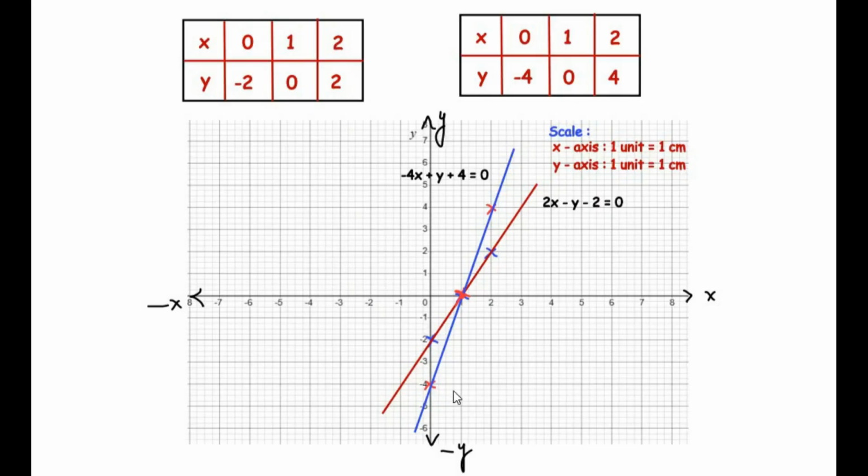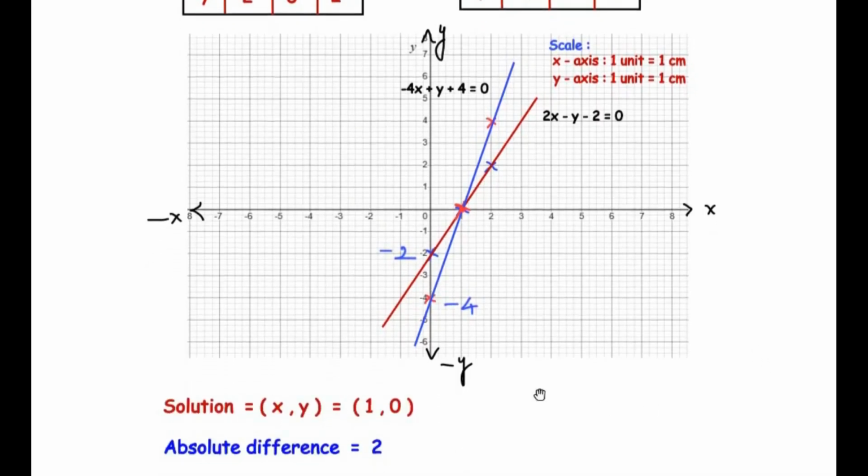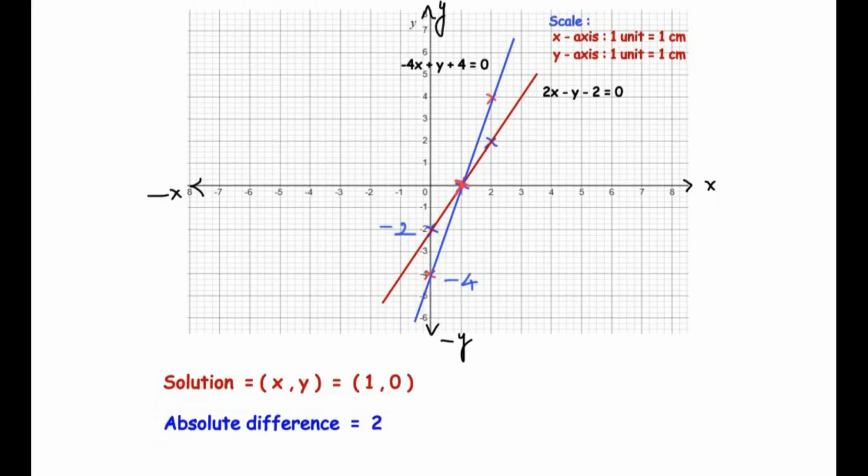The blue line cuts the y-axis at -4, and the red line cuts the y-axis at -2. So the difference or the distance between these 2 points is going to be 2. Absolute difference means you can take the positive value, and the positive difference between these two is 2. So here we have written the absolute difference between the two ordinates is going to be 2. So this is our answer.